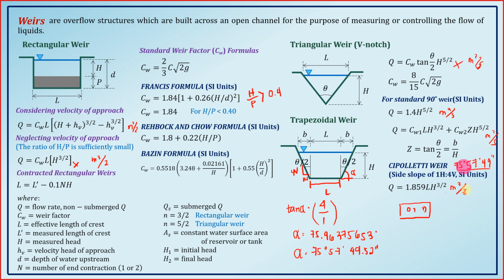So, check nyo yung sa Cipolleti weir natin. And so, for the Cipolleti weir, we have this parameter na L and H. So, alam natin na si L is a measurement na meter. Then, yung head din natin is in meter. So, ito ay naka-raise pa sa 3 halves. So, we have m and m raised to 3 halves.